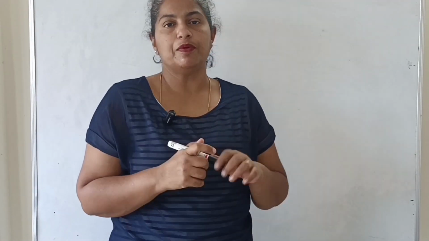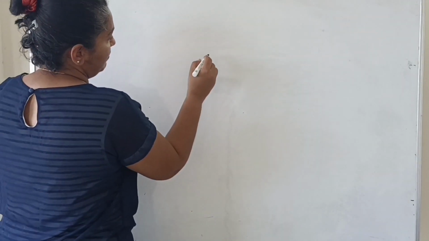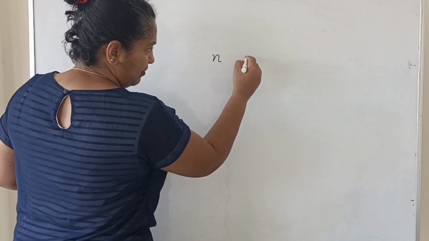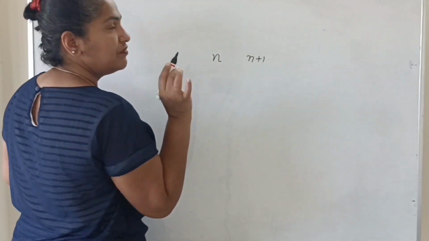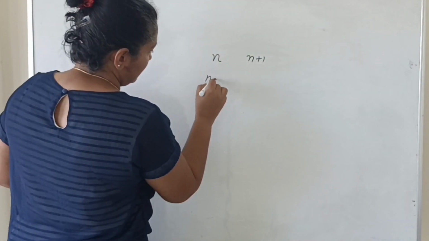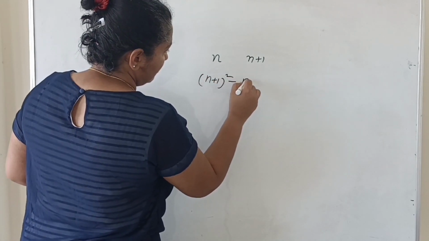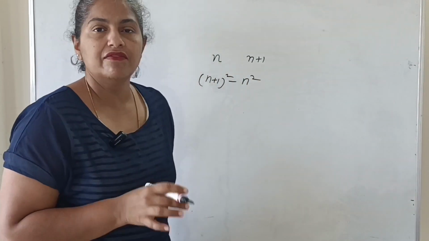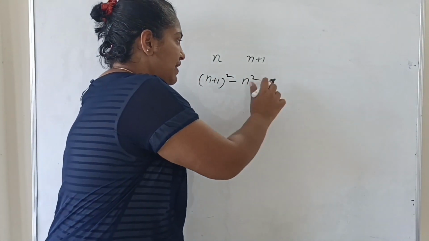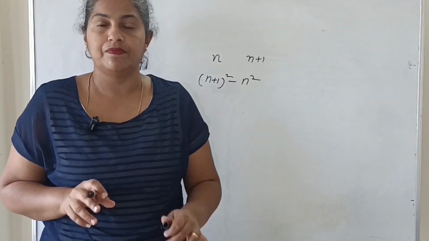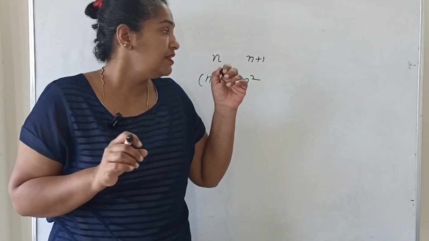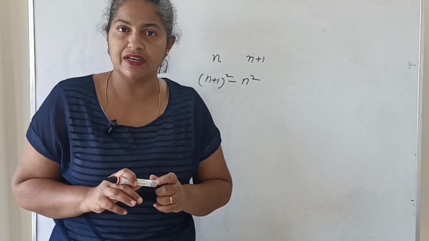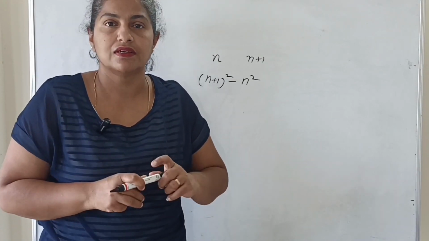Let us have a look at the next property. You have a natural number n. The next natural number is represented as n plus 1. We know that this value is given by n plus 1 plus n. Now, between the squares of two natural numbers, how many numbers are there?